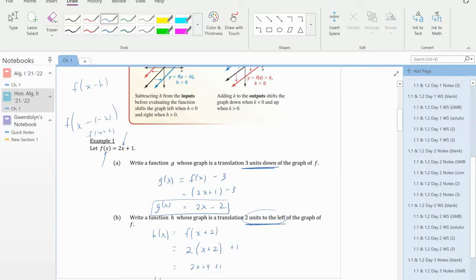This function that will look just like this one but move 2 units to the left will be 2x plus 5. If you want to, you can go to Desmos and graph this and check that one of them is just 3 units down from the other.